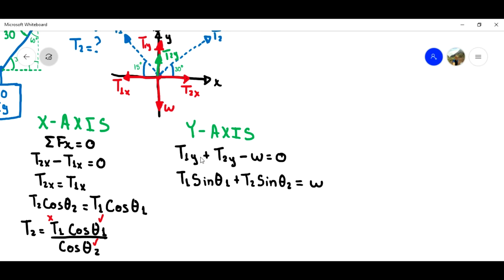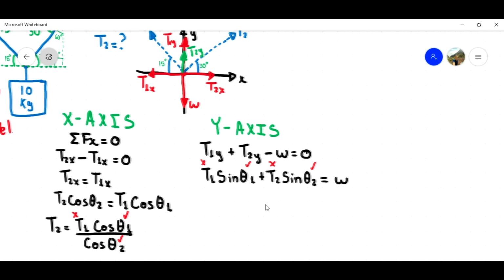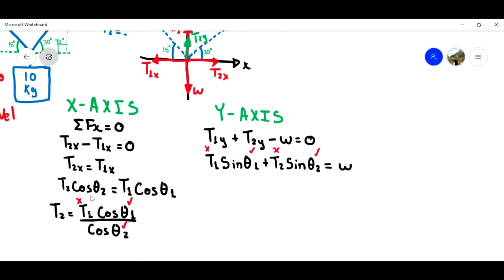Now what can I do? I don't have tension 1, I do have angle 1, I don't have tension 2, but I have the angle of tension 2. So I cannot solve this equation, and I also cannot solve the other equation either.